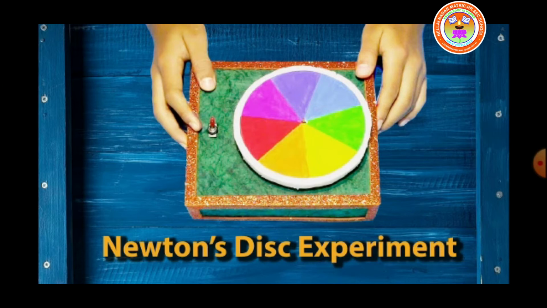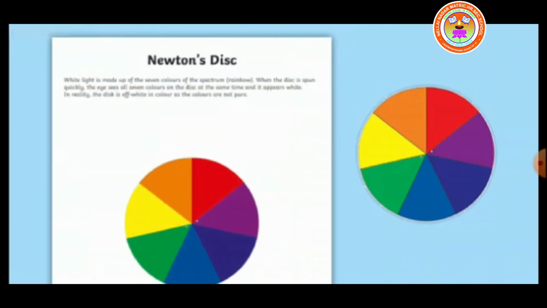Newton disk. Newton suggested a process of mixing different colors to make white color by setting up an arrangement as shown in the figure here. Newton disk is a cardboard disk with 7 equal sectors colored red, orange, yellow, green, blue, indigo and violet.